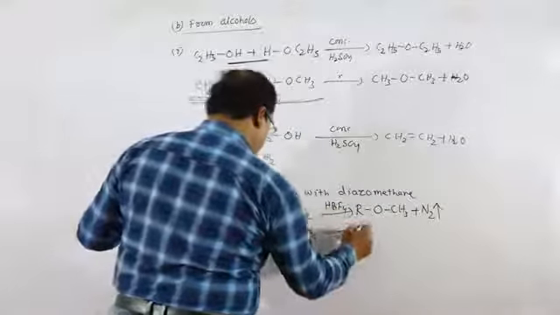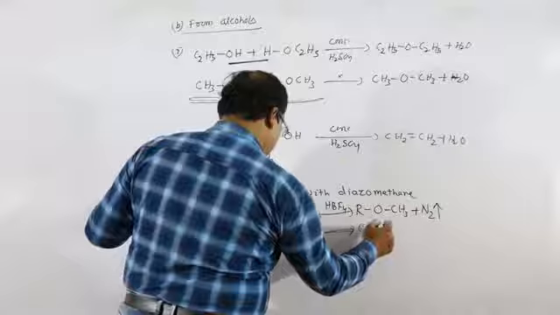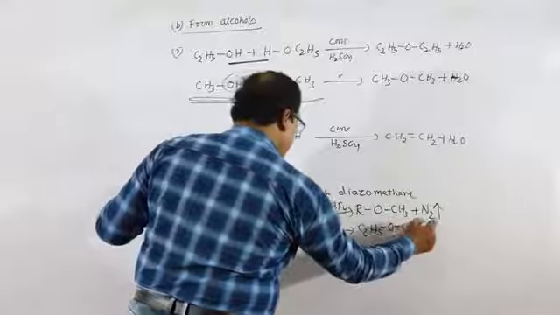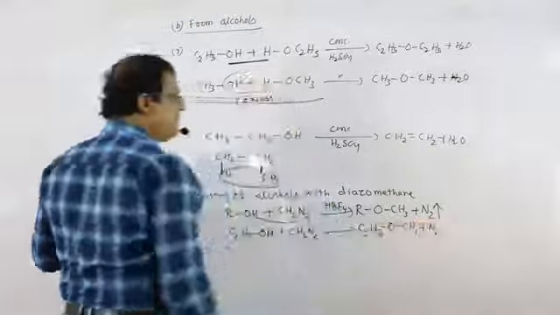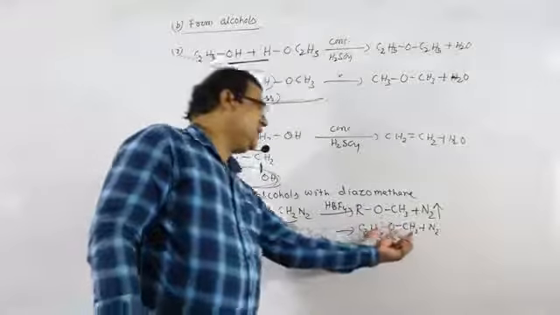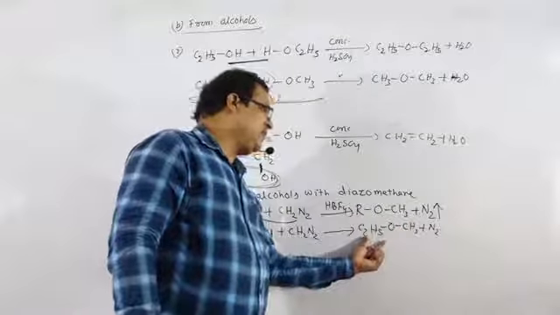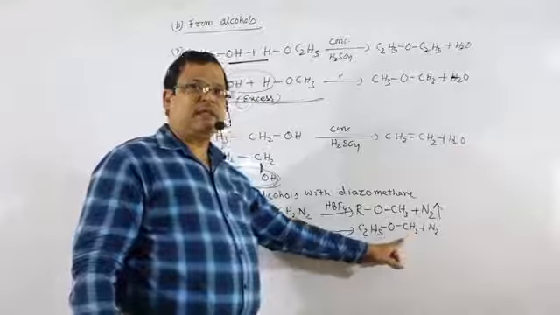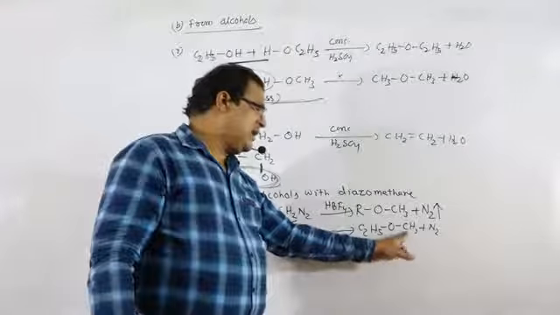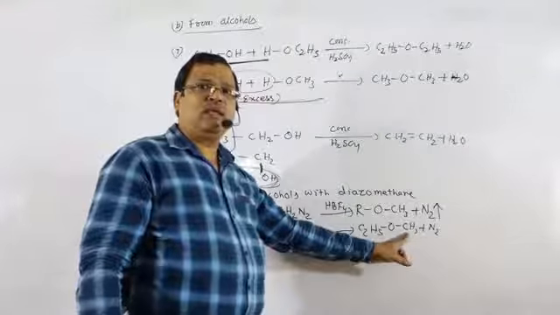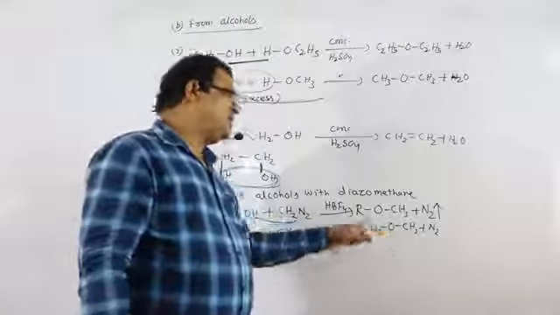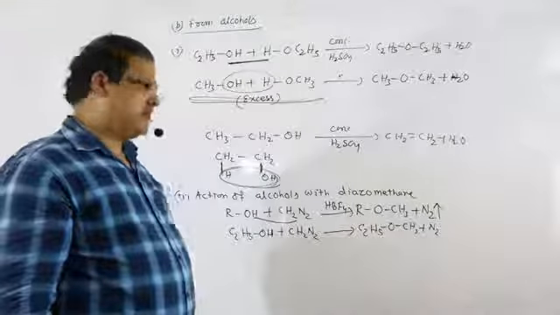So there is the formation of C2H5OCH3 plus N2, that is methoxyethane. C2H5OCH3 is the unsymmetrical ether, where the alkoxy group with less carbon is named first, that is methoxyethane, or methyl ethyl ether.